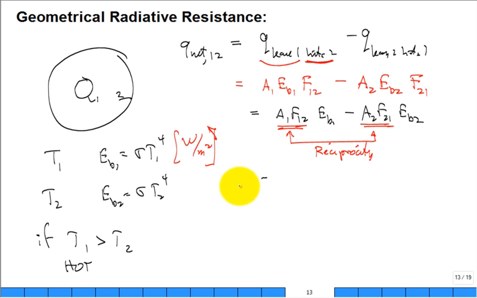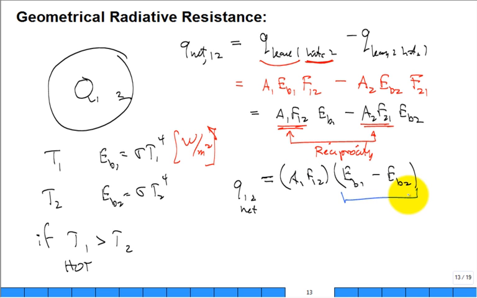So the Q1 to 2, the net, this is a net radiative exchange, will be A1 F1 to 2 times EB1 minus EB2. And then you look at it and you say, this is the difference that drives the flow. What flow? The radiative exchange. And then you think, well, this is my analogy with the resistors and circuits.